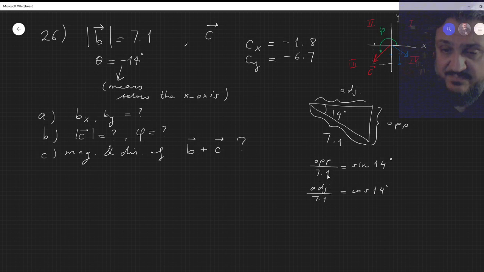So how do I find these sides? Just multiply 7.1 by sine 14 like we did before, and the adjacent will be found by multiplying 7.1 by cosine 14.